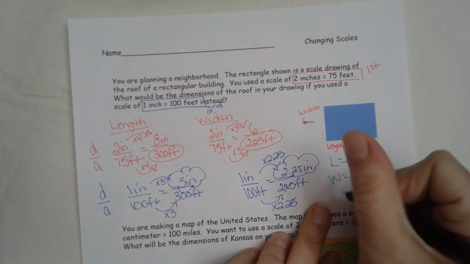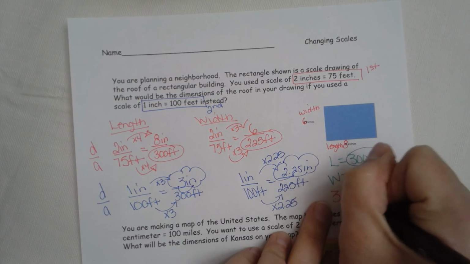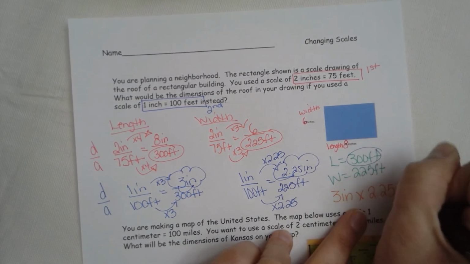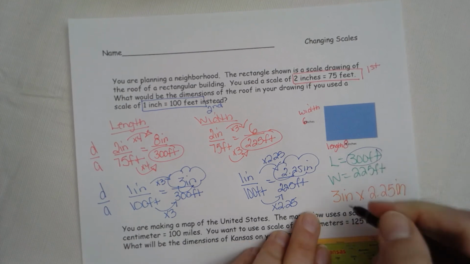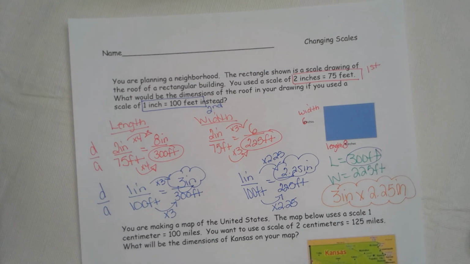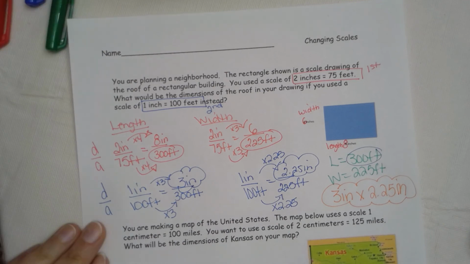So the new dimensions are going to be 3 inches by 2.25 inches. And this is going to be our new dimensions for our rectangular building.